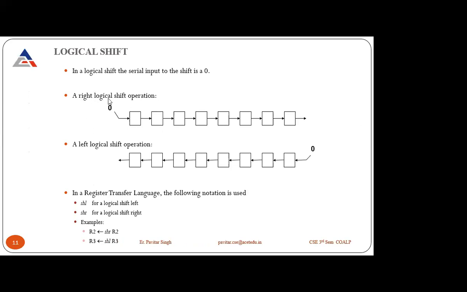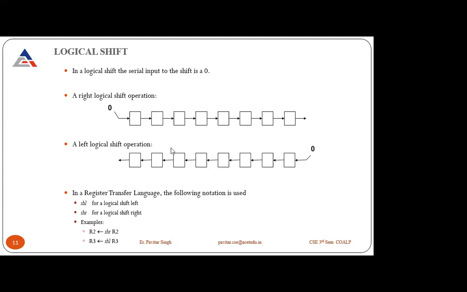So for a right logical shift operation, all your data will be shifted to the right hand side. This is your right hand side and this is your left hand side, right? A 0 will be inserted from the left side and all the other bits will be shifted one position to the right side. I hope the concept is clear.